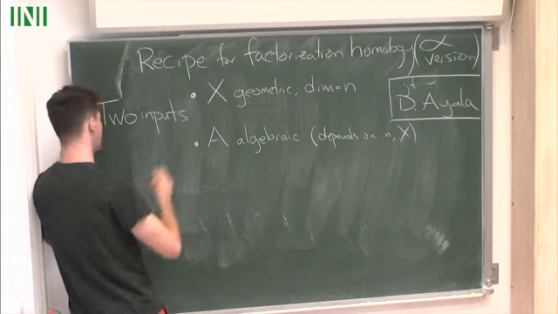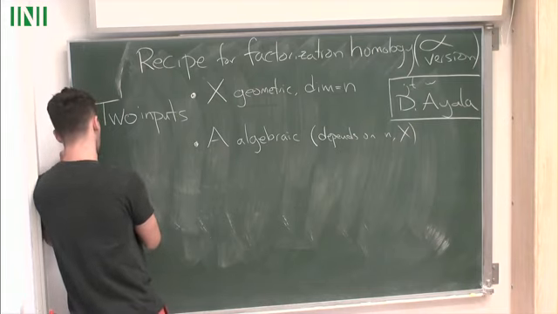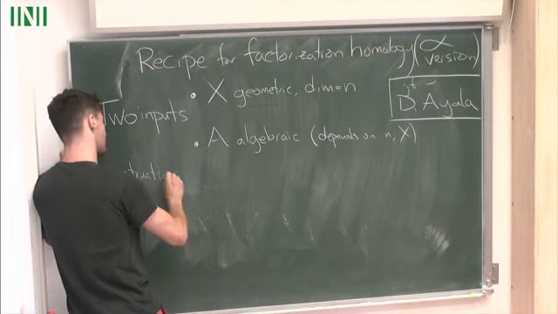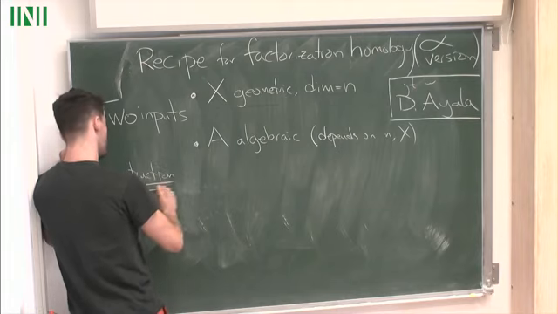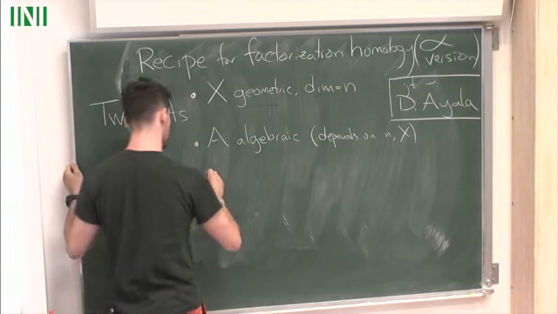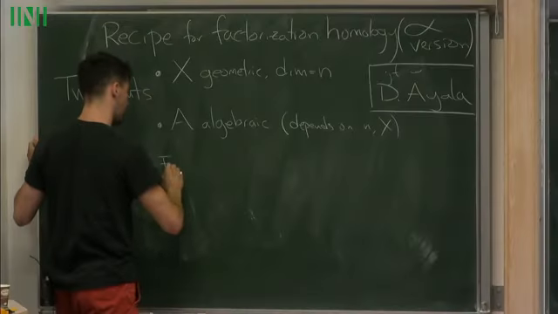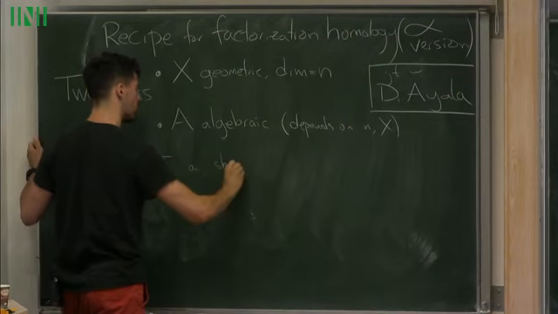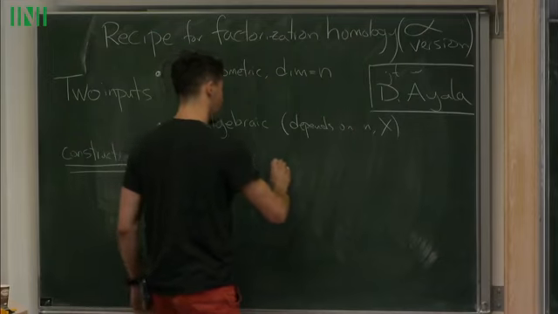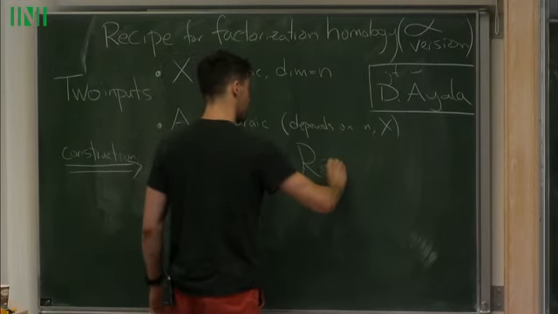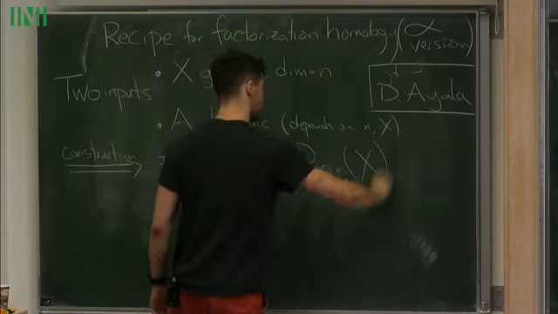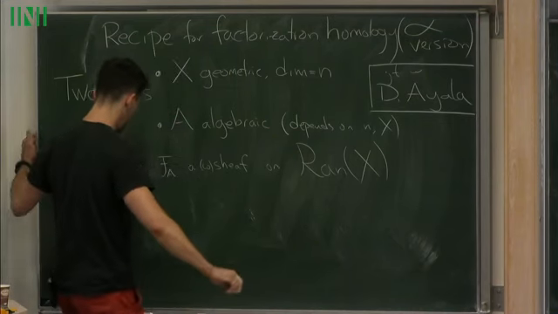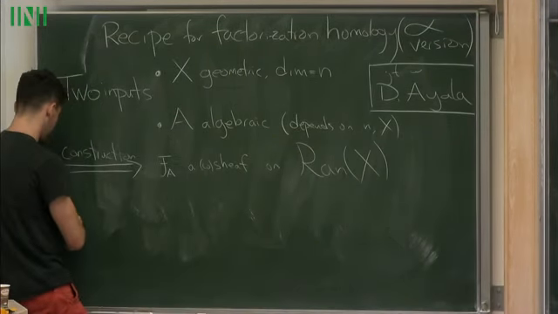So then, once we have these two inputs, there's a construction. This construction produces, maybe I'll call it F sub A, a sheaf, or maybe it's a co-sheaf, or something like that, on the Ran space of X. And then we get factorization homology.